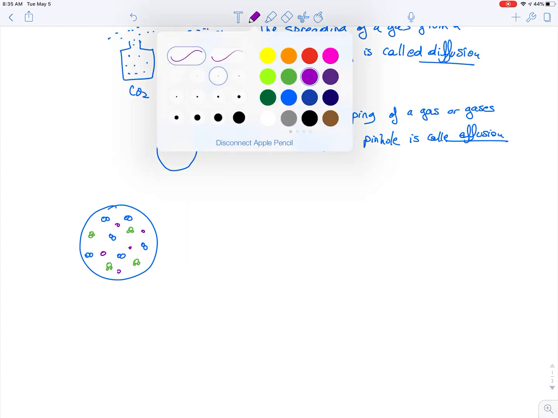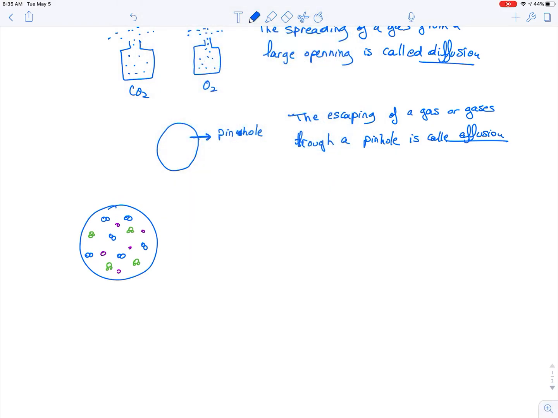All right, and let's say that these are oxygen and these over here are CO2. And if we are at the same temperature, so this container is exposed to the same temperature.